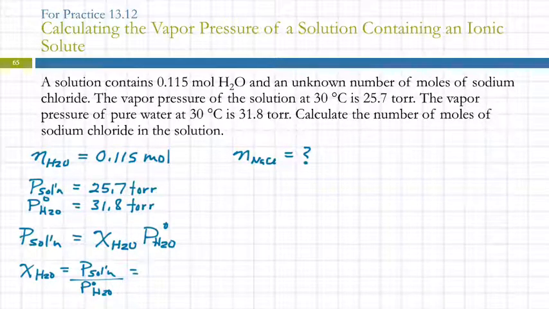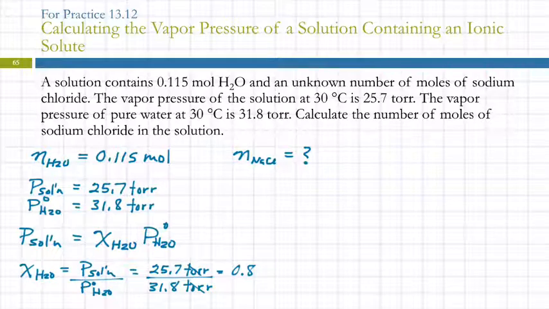So 25.7 torr divided by 31.8 torr, and the torrs cancel out. So we get 0.80818 with 3 sig figs. Well, that's nice.